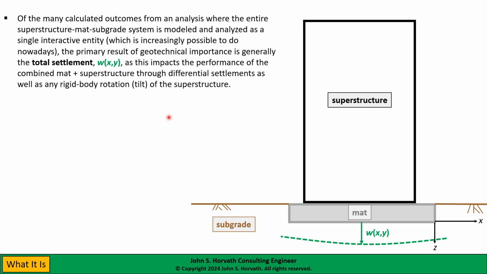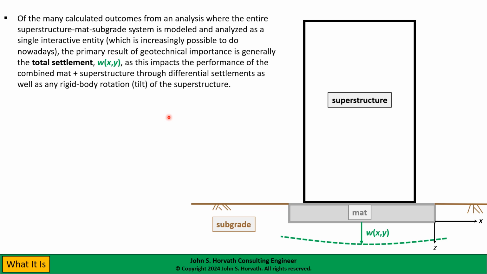In fact, to digress a bit, there's a very slender high-rise building that was built in lower Manhattan in recent years. It was originally going to be on deep foundations, but because of the depth to bedrock, was placed on a mat foundation.